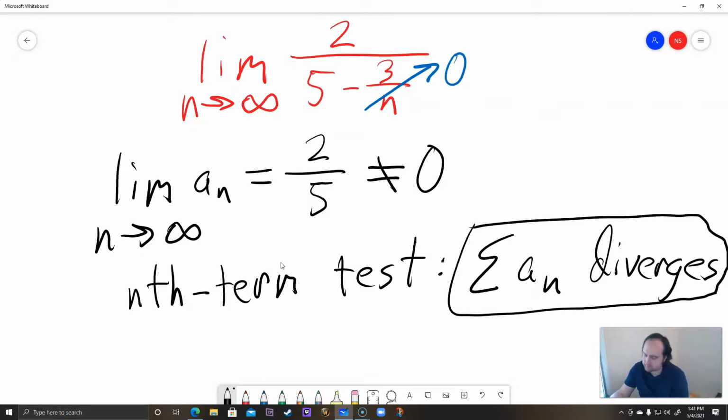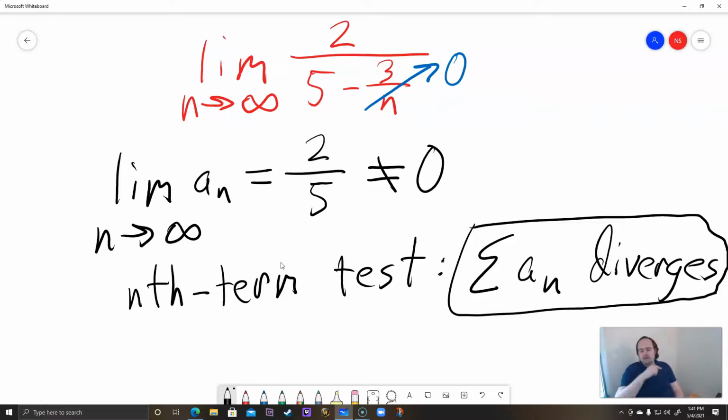Because remember, the nth term test says that if your infinite limit is any number besides 0, or if it's infinity or negative infinity, then that means your series diverges.